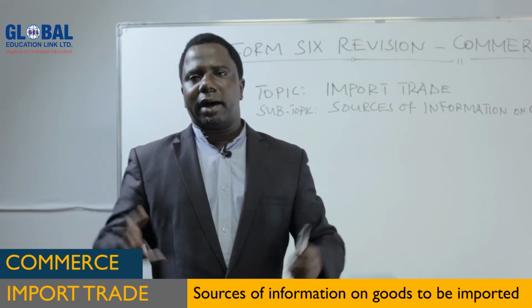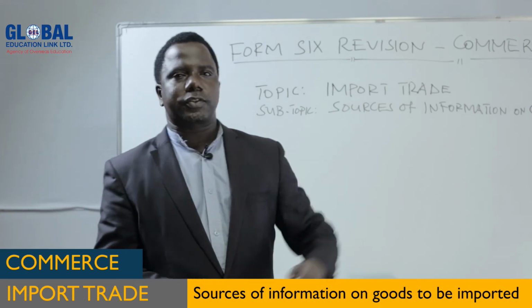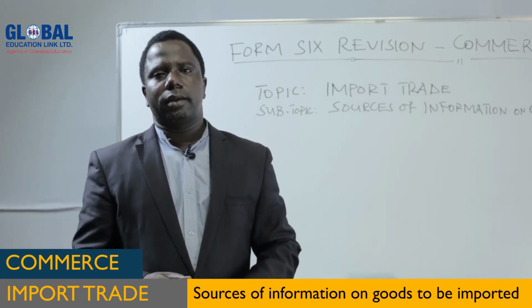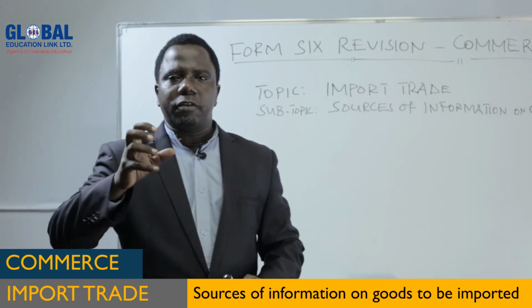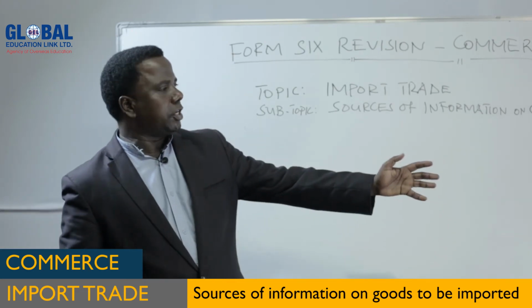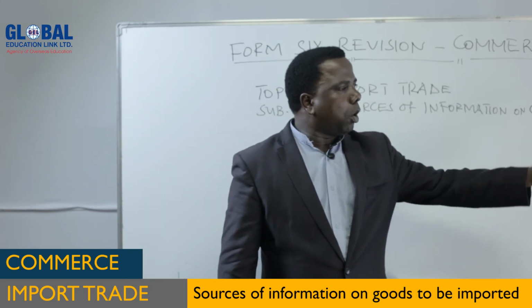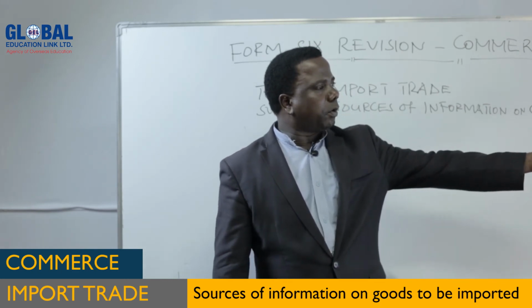I think you remember, information like technological changes, information like exchange rates, information like culture of different people. Those are the information needed by importers before they import goods. So this question is simple.